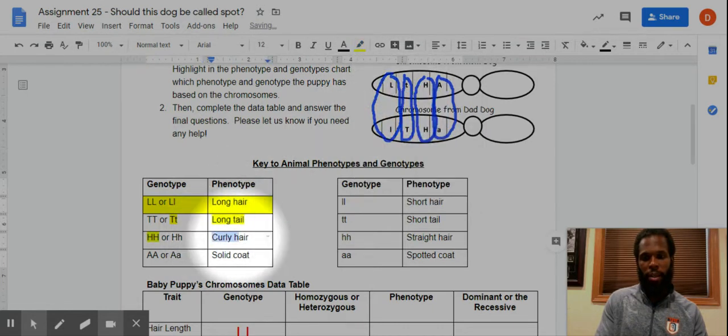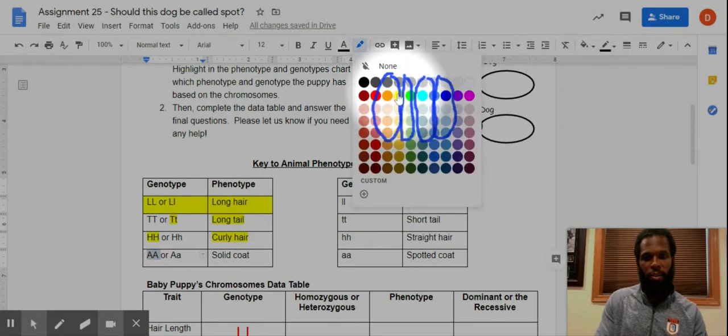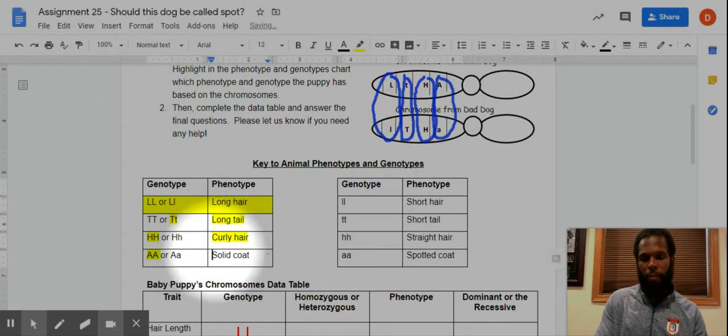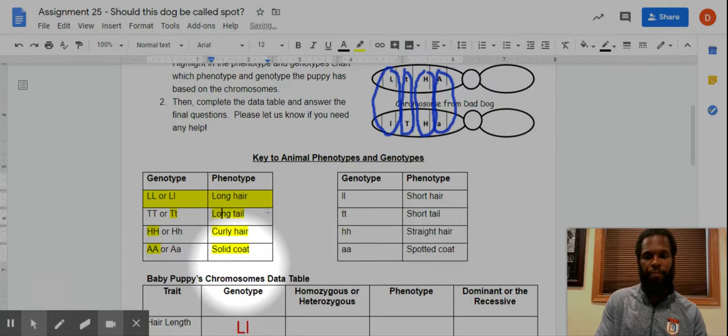And that's going to be that trait of those chromosomes, code for the trait of curly hair. And then last we have big A, little a. Big A, little a. And that's going to be a solid coat pattern. So we have a puppy that has long hair, long tail, curly hair, and a solid coat pattern.